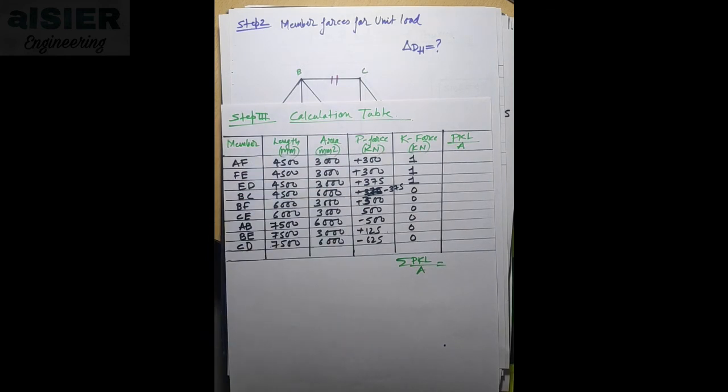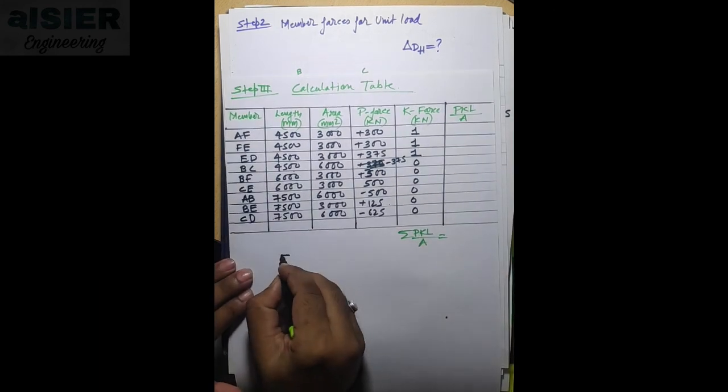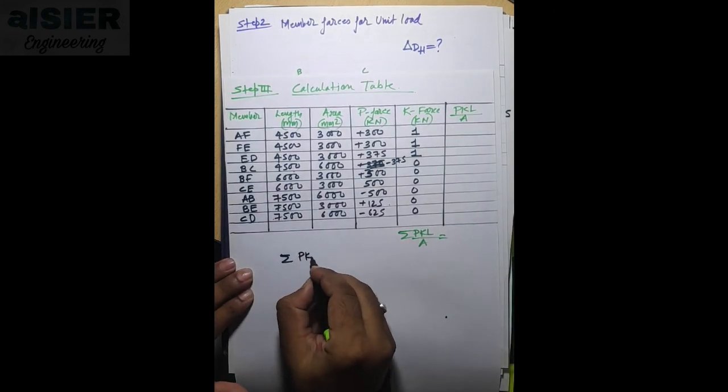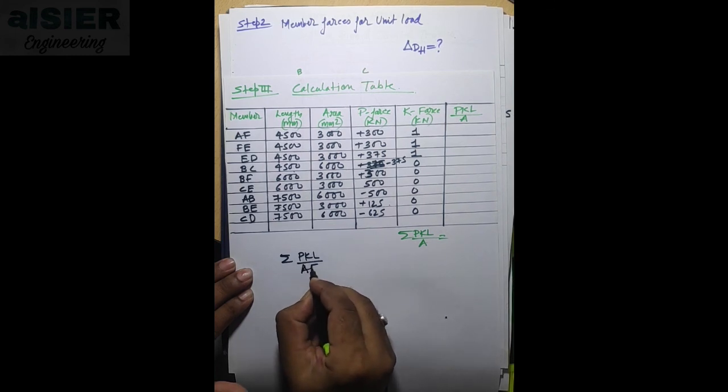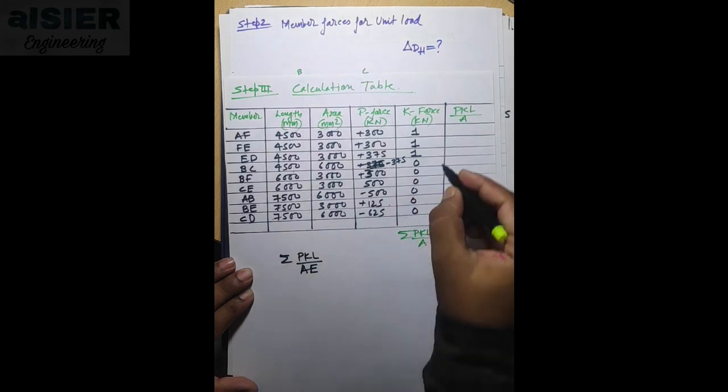So all the inputs are now over. Now it's time to calculate output. The actual formula is PKL upon AE, but we have excluded E because E is constant for all. We will do this calculation and then we will put the E. Since all these are 0, the answer will be 0.